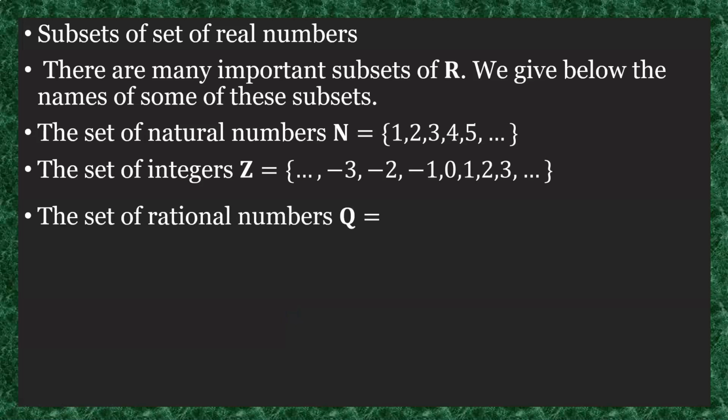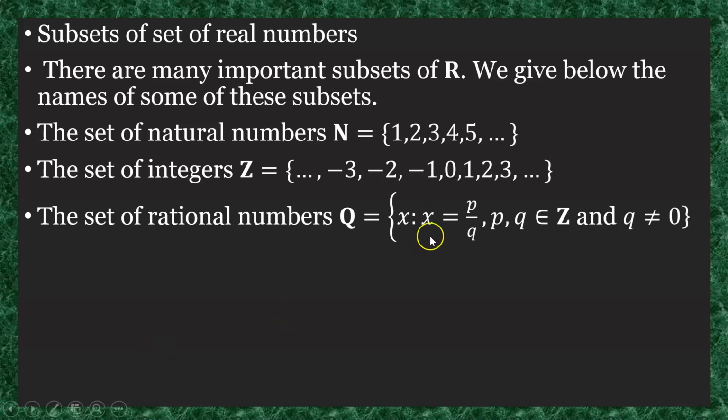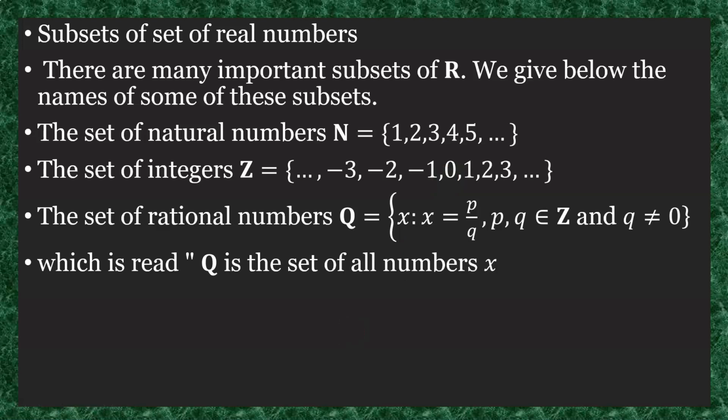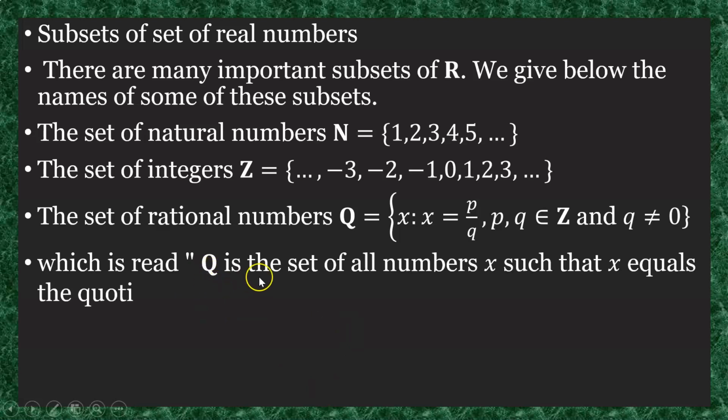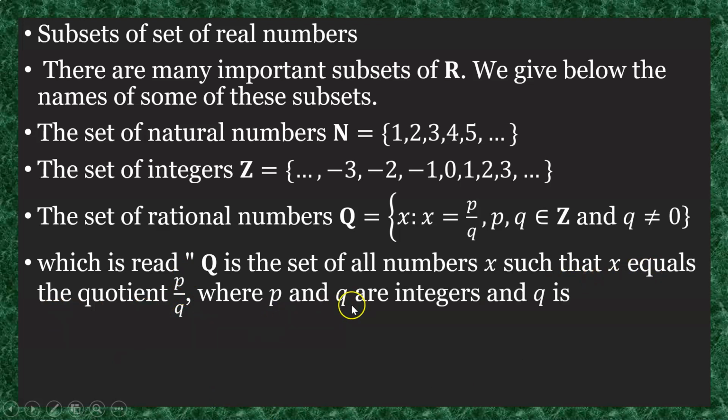The set of rational numbers, capital Q, equals the set of x such that x equals p upon q, where p and q belong to Z and q is not equal to 0. That is also a subset of the real numbers. We can read this as Q is the set of all numbers x such that x equals the quotient p upon q, where p and q are integers and q is not 0.